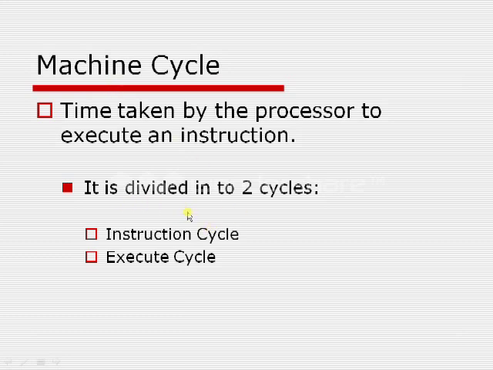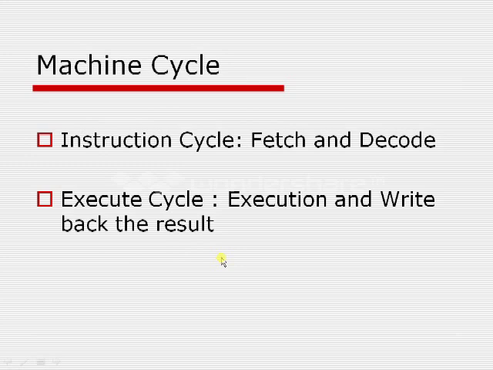Now this machine cycle is again divided into 2 more cycles, that is instruction cycle and execute cycle. As we know that all the instructions are present inside the memory, so the processor has to fetch those instructions from the memory. During the instruction cycle, fetch and decode operations are performed. The processor fetches the instruction from the memory and then decodes that instruction into the language understandable by the processor.